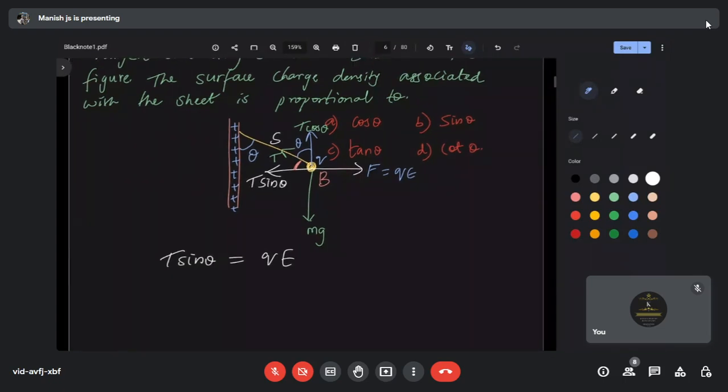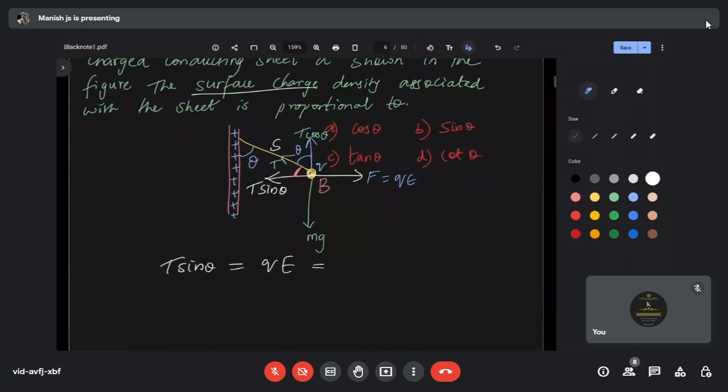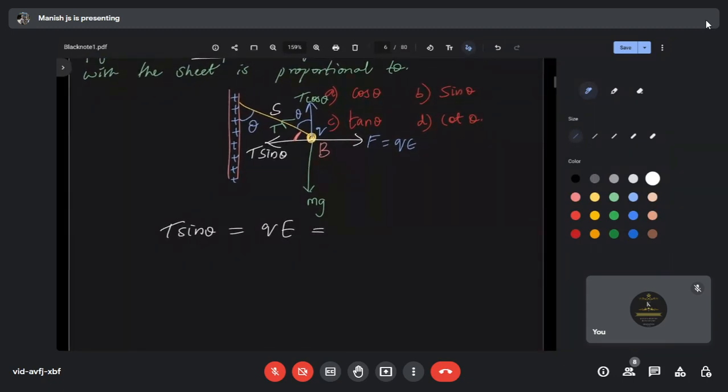So once you have this, you go on to express it in terms of density. Will you use surface charge density or linear charge density here? Surface charge density, as the question has mentioned. So the electric field needs to be expressed in terms of the surface charge density.